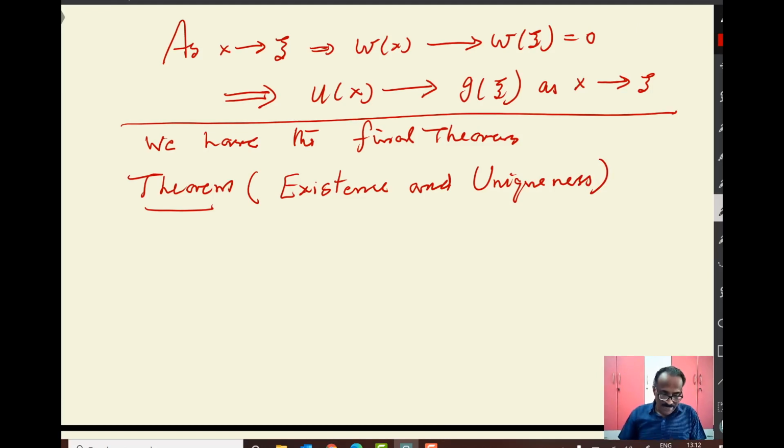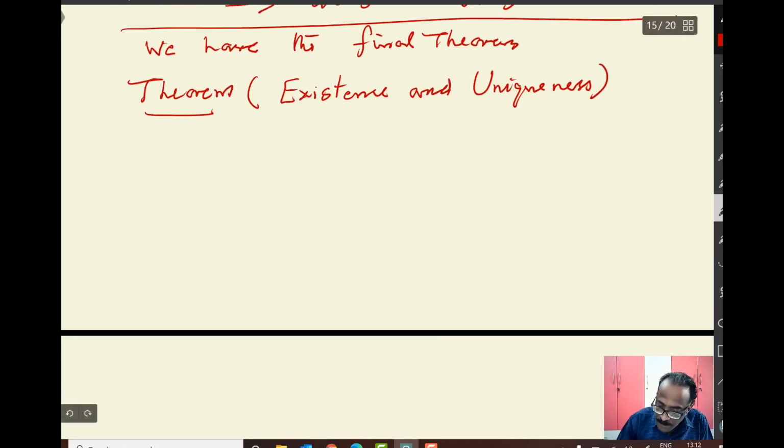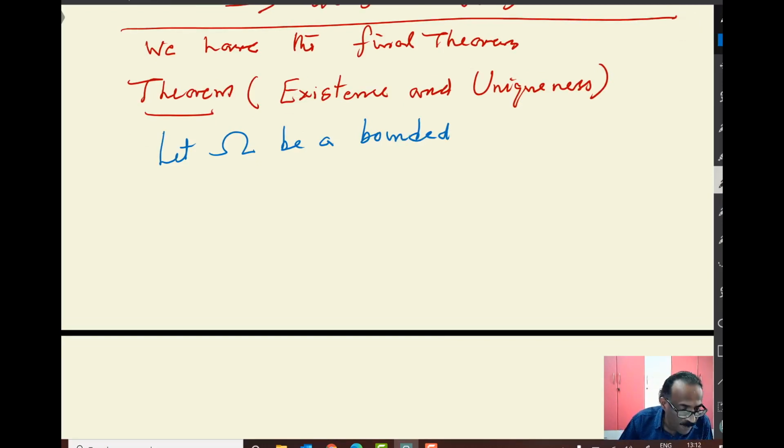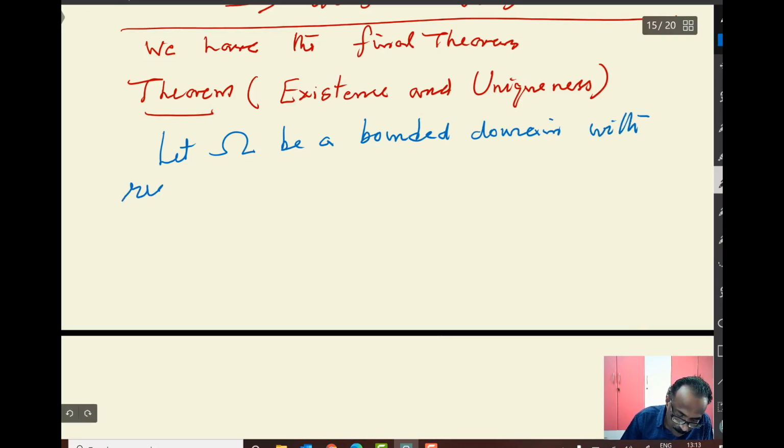Okay, so let omega be a bounded domain. Let omega be a bounded regular domain, so every point is a regular point, a bounded domain with the regular boundary, boundary d omega.